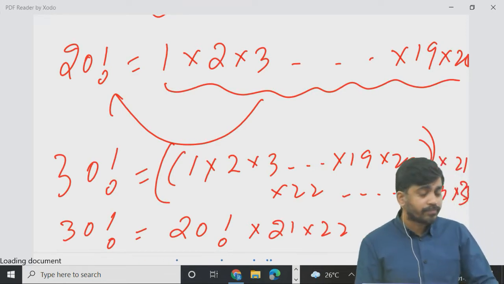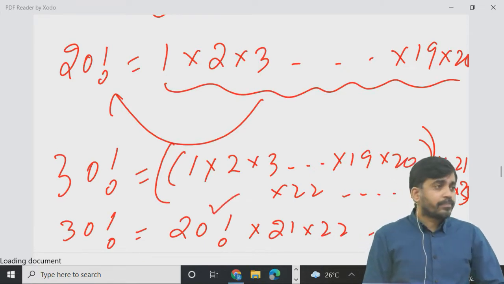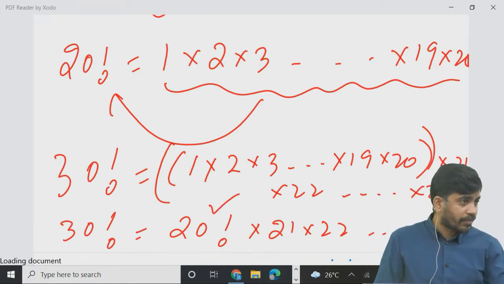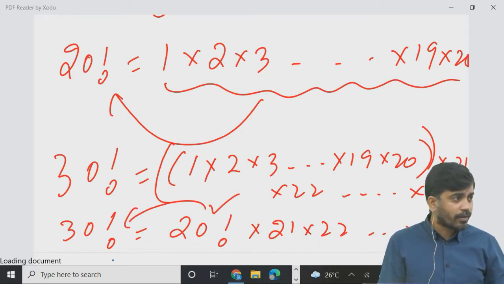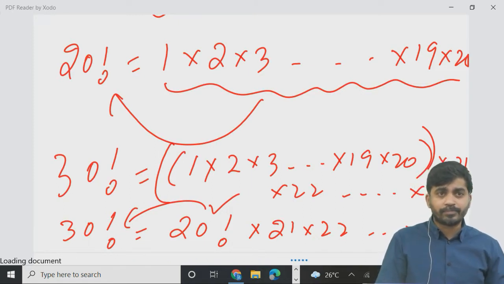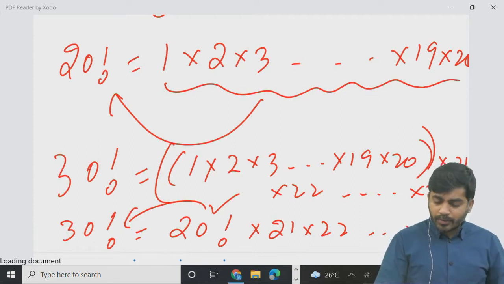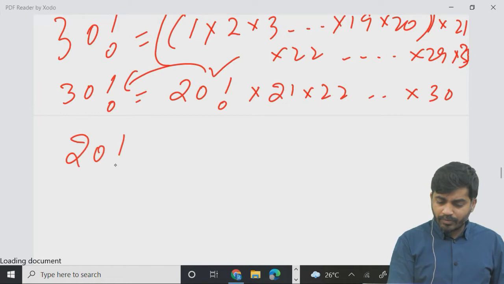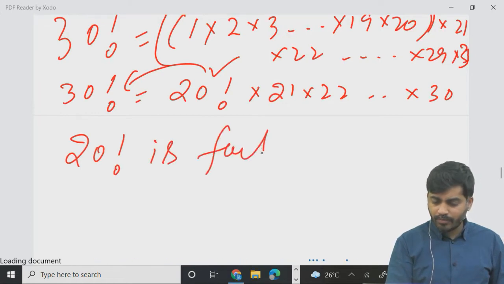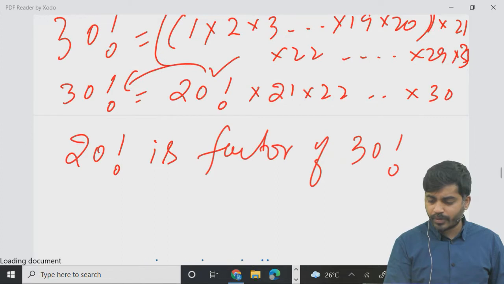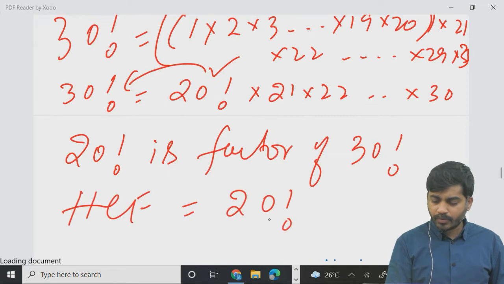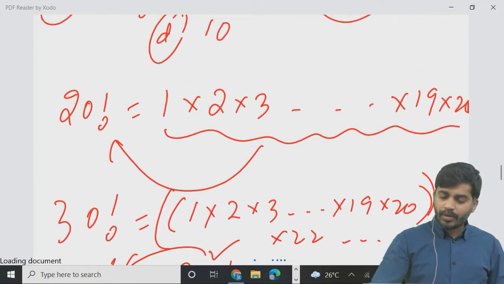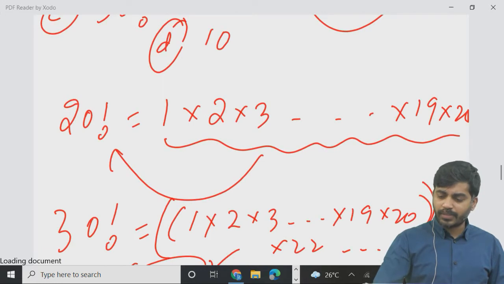It means 20 factorial is a factor of 30 factorial, and 21 is also a factor of 30 factorial, till 30 all the numbers are factors of 30 factorial. So what is the HCF? 20 factorial. Okay, so option B is the right answer.